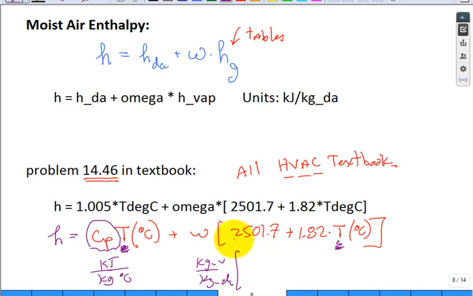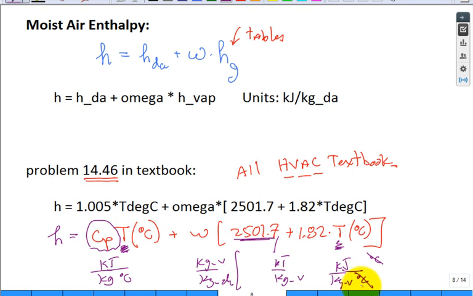Then this term has to have units of kilojoules per kilogram of vapor, and that 1.82 has to have kilojoules per kilogram of vapor per degree C. Then your degrees C cancel when you multiply by temperature in degrees C.